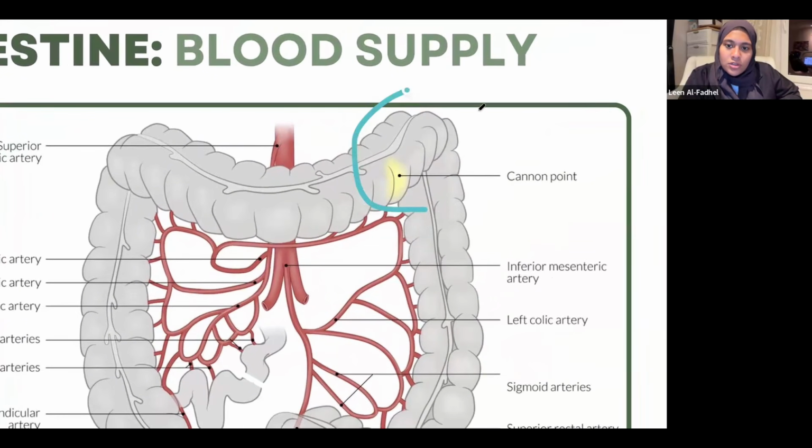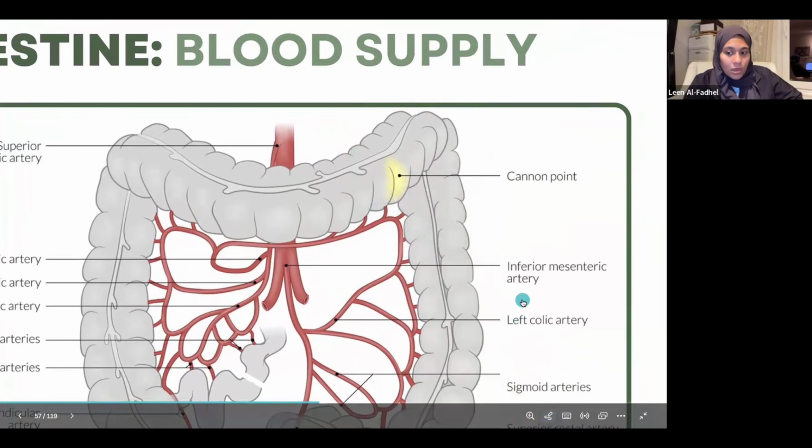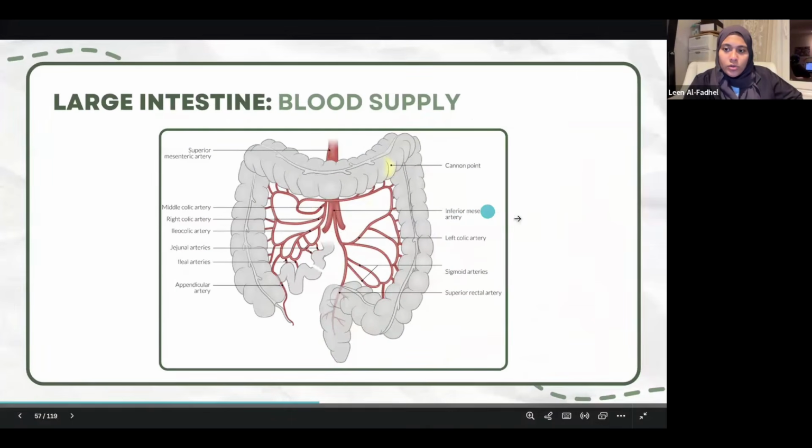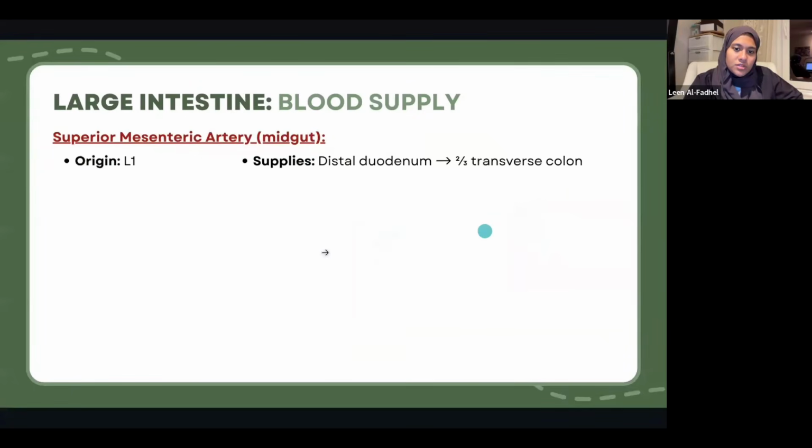I'm bringing this up in relation to the splenic flexure. The splenic flexure is poorly supplied. Okay? And that is why we need to take care, especially in surgery, on what we are ligating and what we are not, because we do not want to risk infarction.